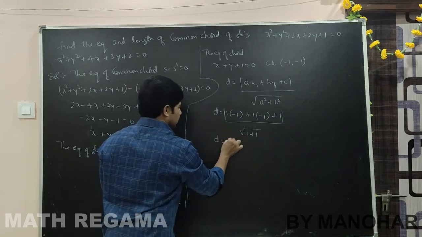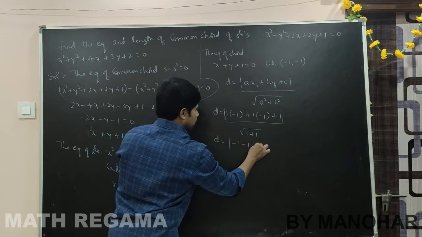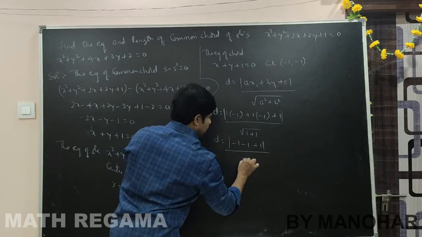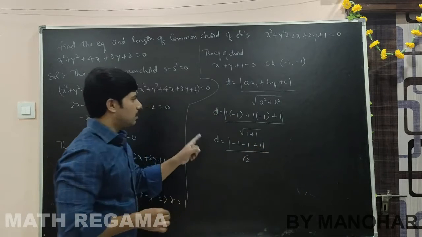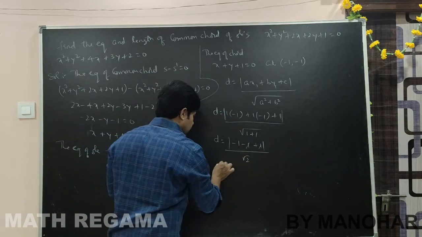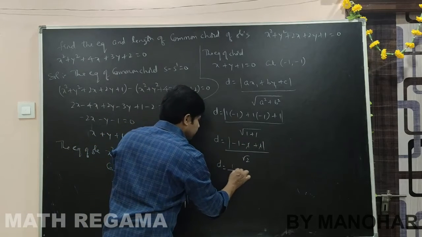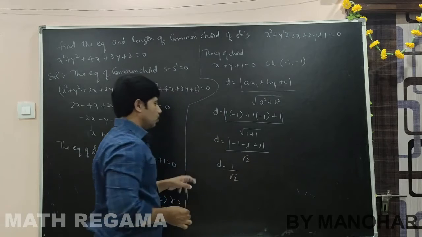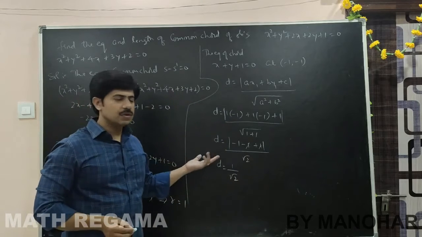So d is nothing but mod of minus 1 plus 1 by root 2. We can eliminate minus 1 plus 1 and the d value is 1 by root 2.